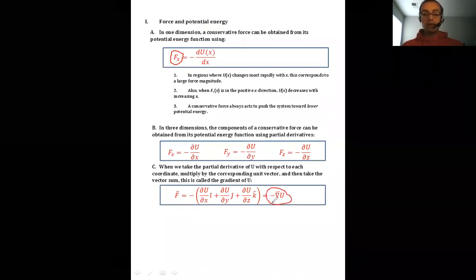The gradient is partial U partial x times i cap, the x component of a force vector, plus partial U partial y j cap, corresponding to the y component, and partial U partial z k cap, corresponding to the z component of the force vector. And remember, forces are vectors. So you're looking at these individual components, and that is done by taking partial derivatives.